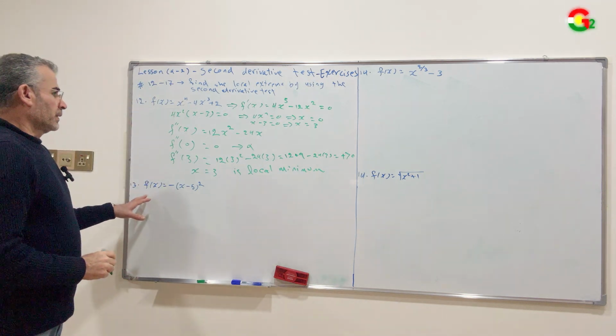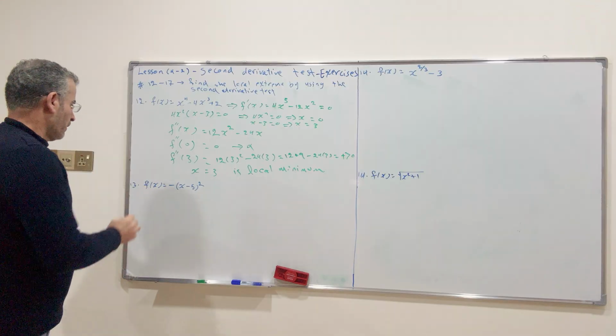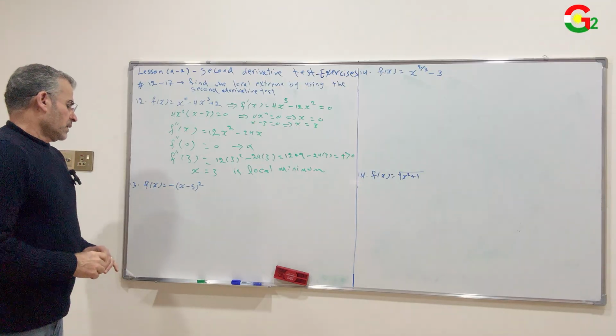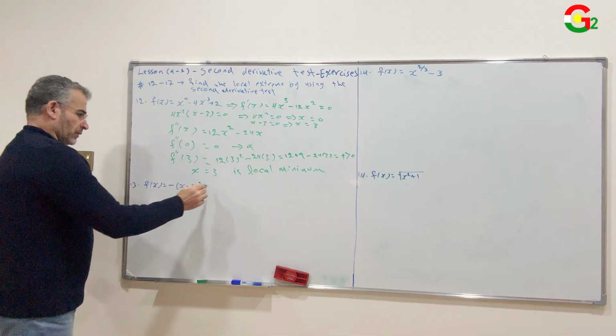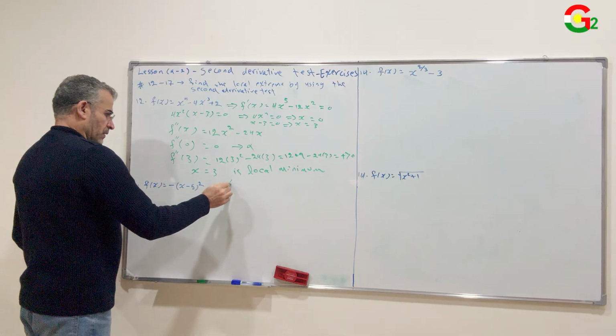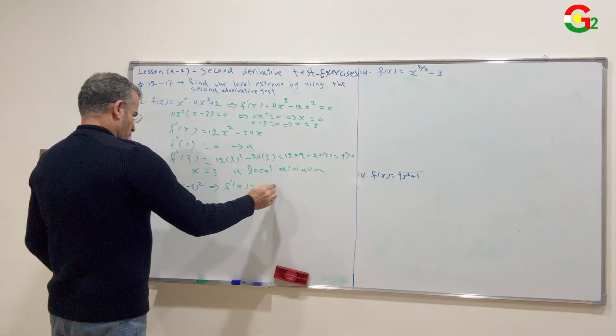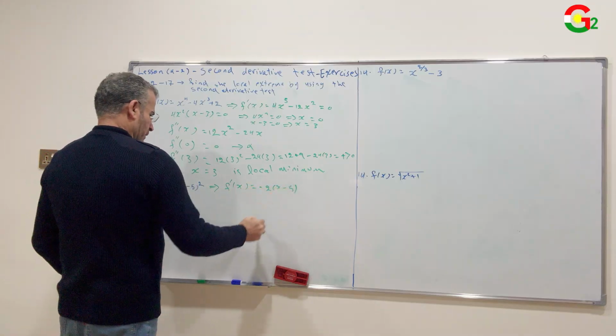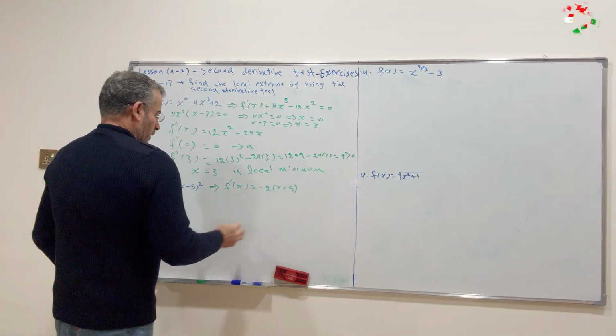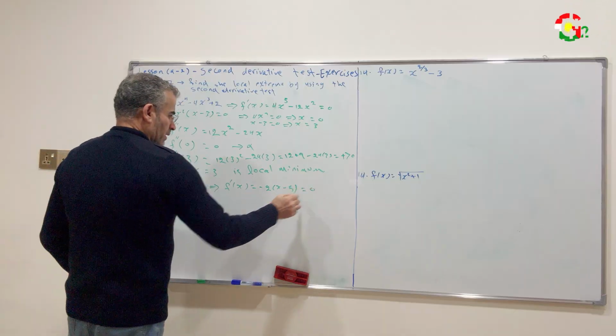Question number 13, f of x equals negative bracket x minus 5 to the power 2. f prime of x equals negative 2 times x minus 5 to the power 1. Set it equal to 0.